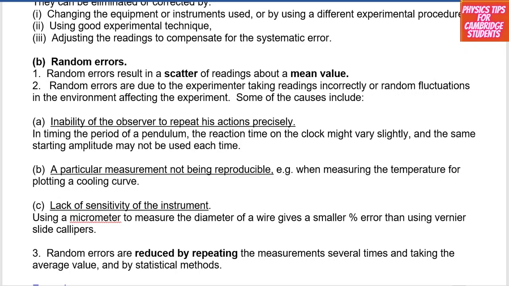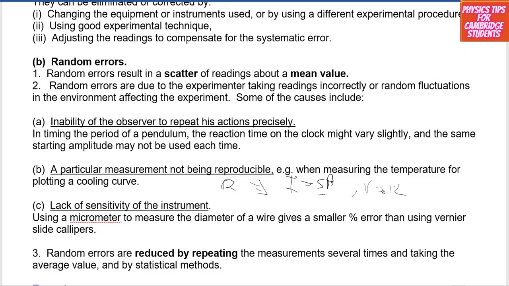A particular measurement not being reproducible, right? So you are doing the experiment, you want to redo the experiment. Say you want to find the value of R when I is equal to 5 amps. So in that case, you then get V is equal to, say, 12.